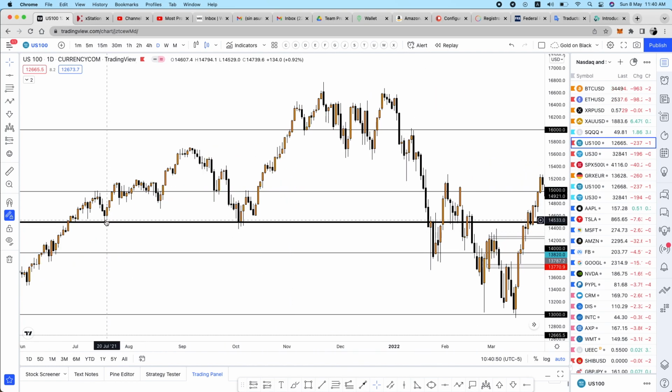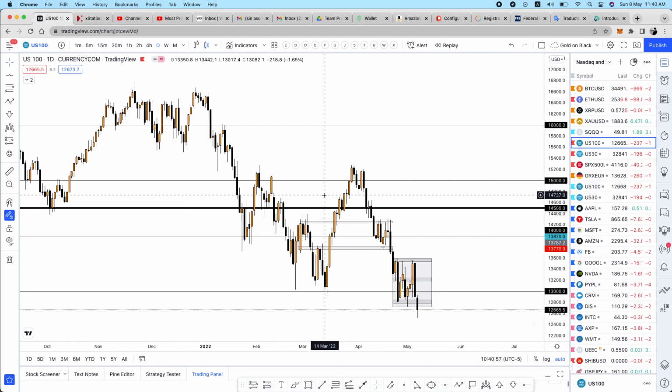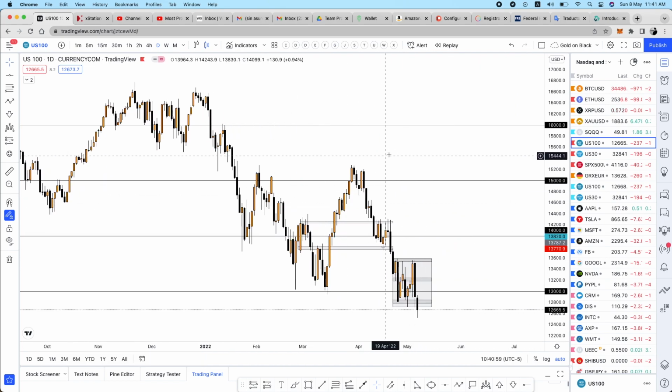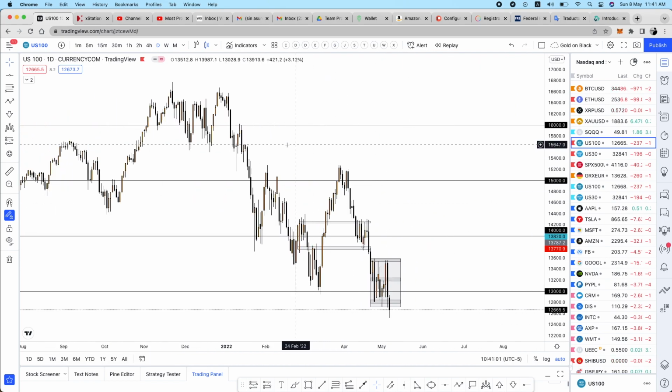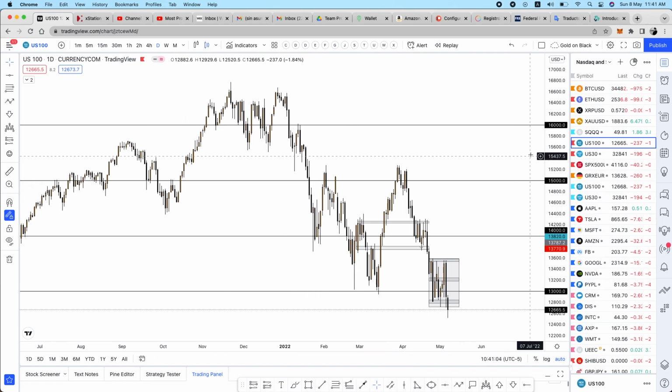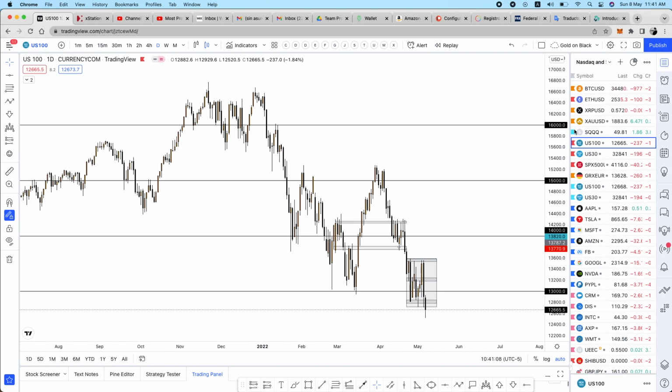It's a nice psychological level the market does react to as well, the 14,500, right? So that will depend, guys. You can play around with this, okay, as long as it's a rounded number and it makes sense where you're standing.